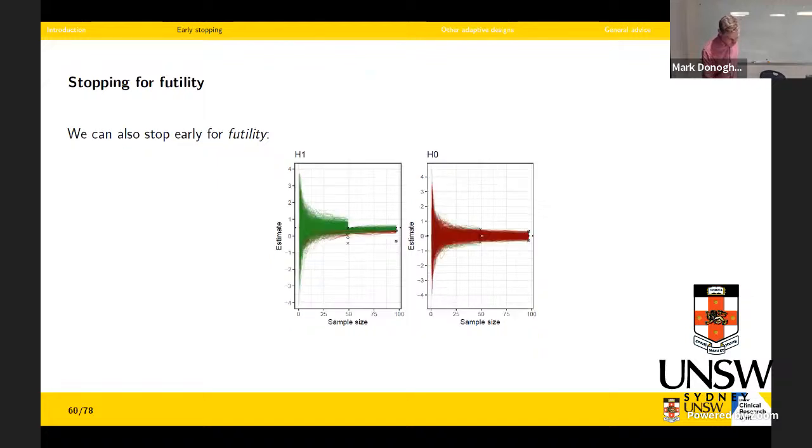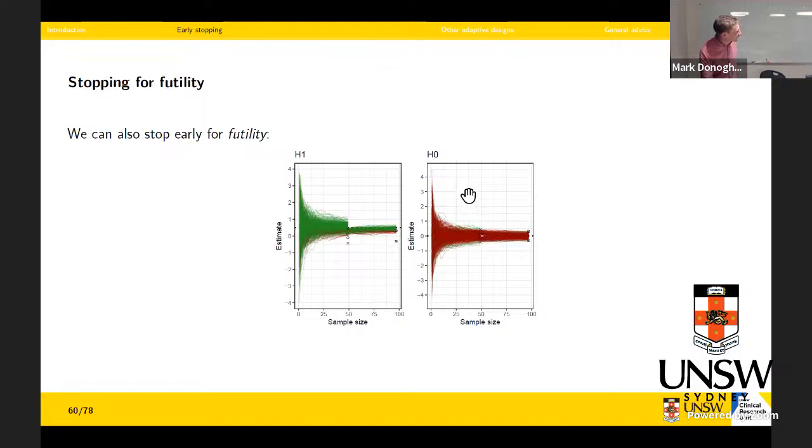And again, we keep doing that. And this is what we see. We can see that when there is a difference, there's a very small chance that we'll actually get futility at the interim analysis sometimes. So some of the red lines stopped at halfway. And this tiny little white space here, if you can see it, is the efficiency gain in this case.